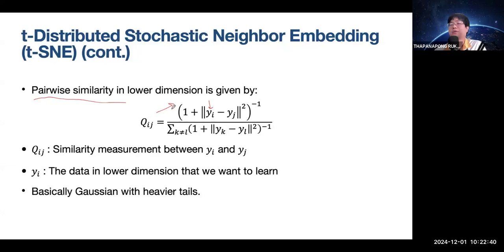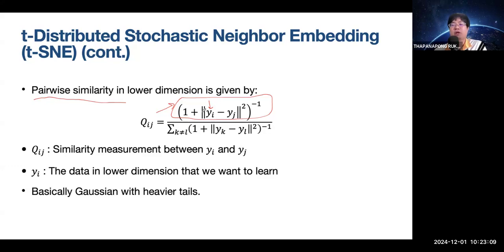But we actually use a different distribution function, and this function is called the t-distribution. Basically, you subtract the values, you compute the magnitude, the square, and then you add 1, and then you do 1 over that.